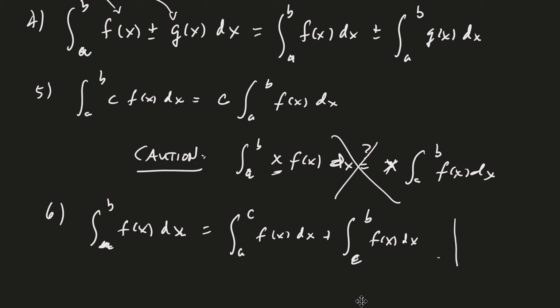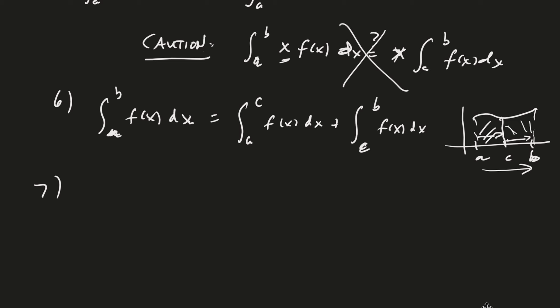And so geometrically what that's saying, I'm assuming by the way that c is in between here, is that you can write the area from a to b as the area from a to c plus the area from c to b. Good, so you can break apart your area into pieces if you want, and just find the integral of each piece separately.